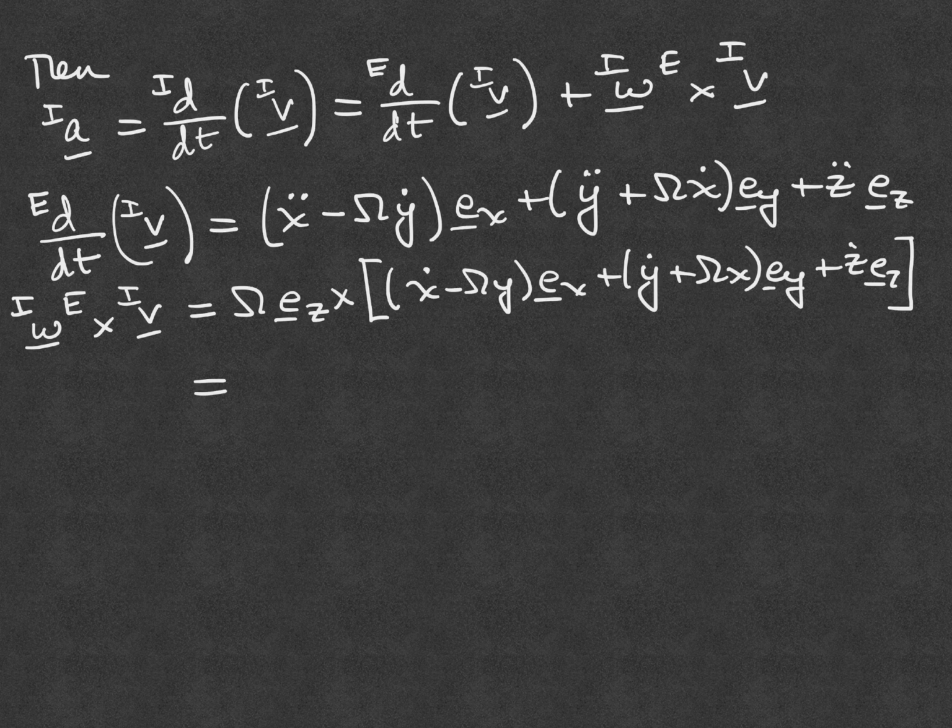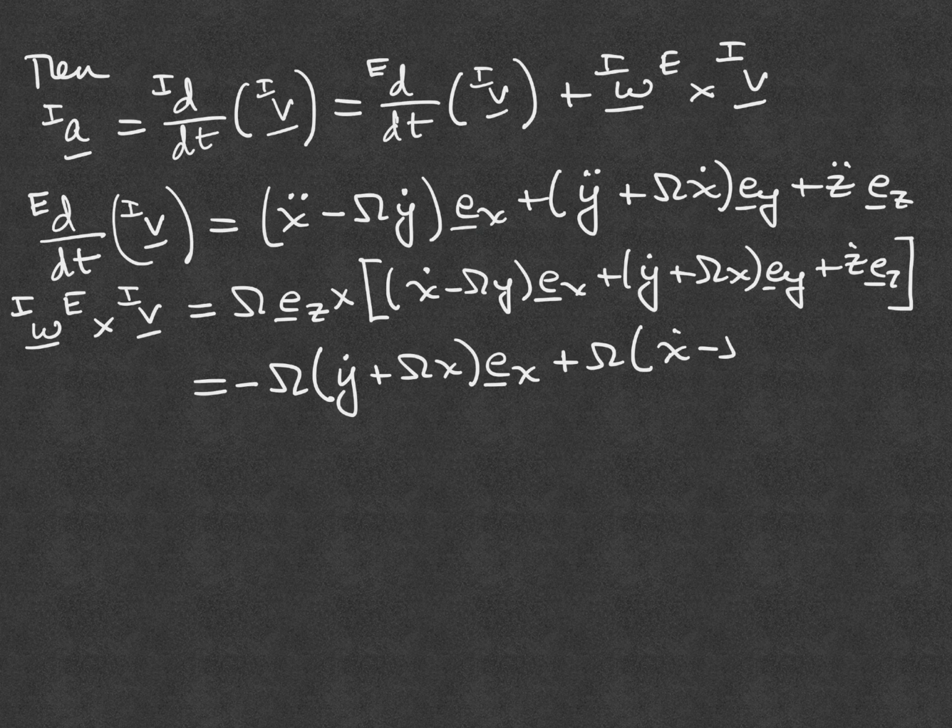And that's equal to, well, again, EZ crossed with EX is EY, and EZ crossed with EY is minus EX. So we get minus omega times y dot plus omega x EX and plus omega times x dot minus omega y EY. And then the third term is 0 because EZ crossed with EZ is 0.